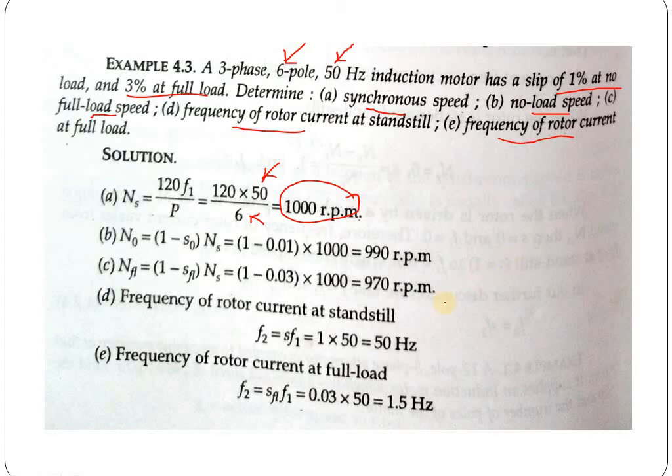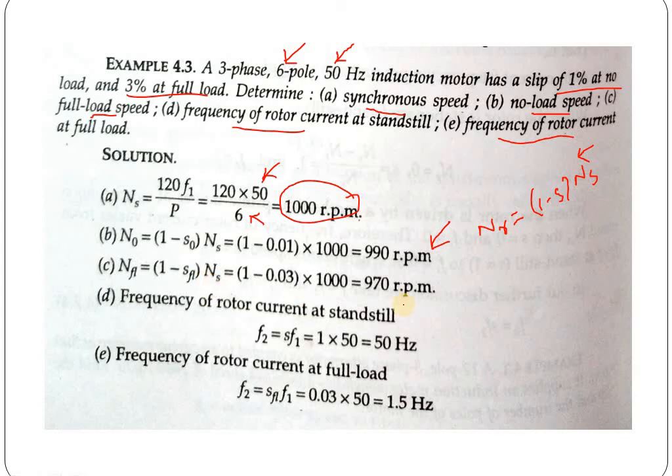So definitely we will use the formula Nr equals (1 minus S) into Ns. So we put the value of Ns and the value of S in case of no load, and we get that the no load speed is 990 RPM.